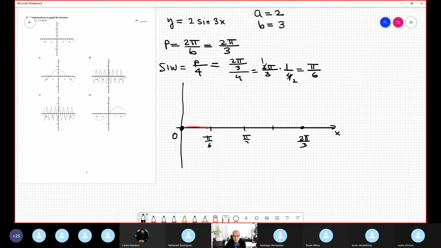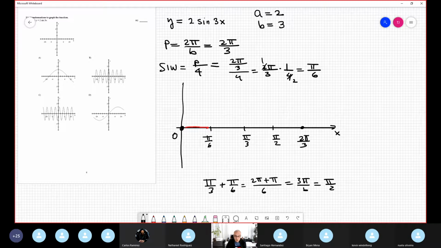And pi over 3 plus another pi over 6: the common denominator is 6, so 2 pi plus pi is 3 pi over 6, which is pi over 2.